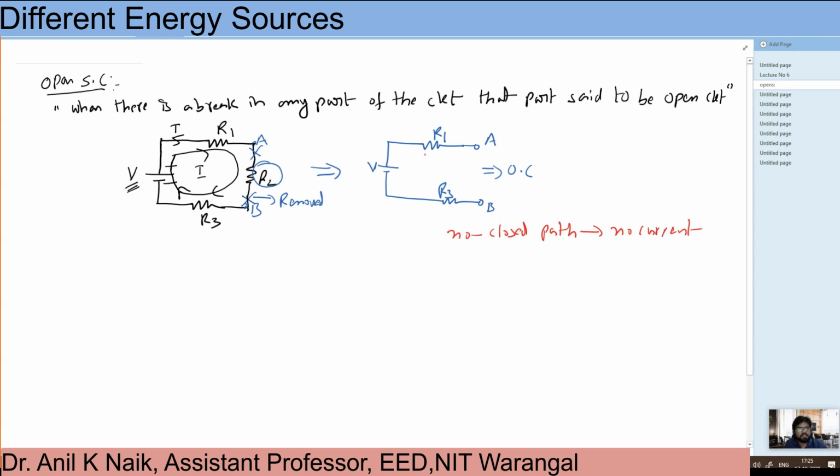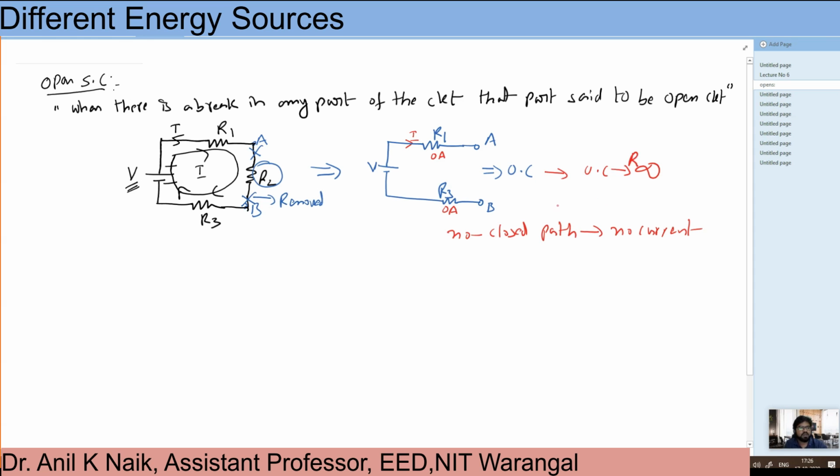So here I can say the current I is 0 amperes. Here no current is flowing, so here also the current I is 0 amperes, because during the open circuit the resistance is almost infinite, R infinite.